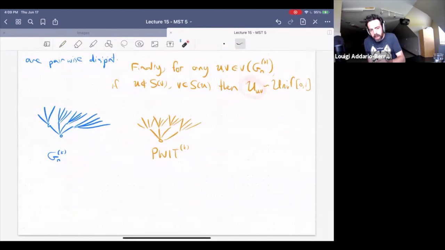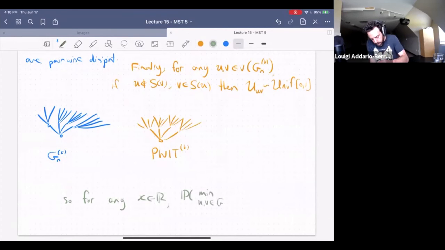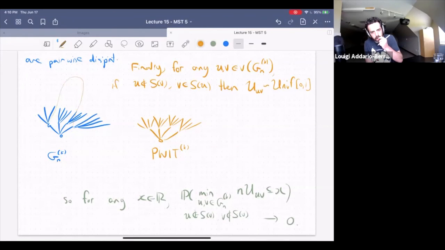And these weights get multiplied by n, so they become huge after scaling. So for any real x, the probability that the minimum edge weight among the non-blue edges, where U is not an S_V and V is not an S_U, of the rescaled weights is less than x tends to 0. Okay, so that's saying all the edges joining these vertices have huge weight, huge length.